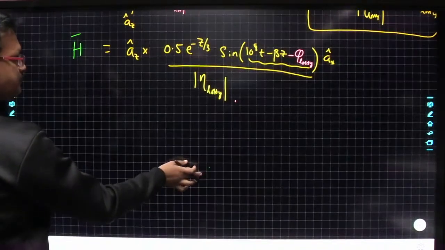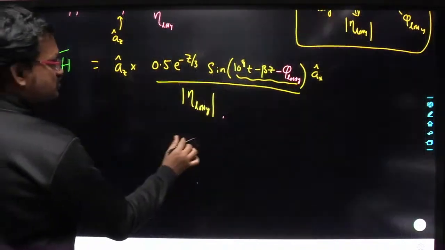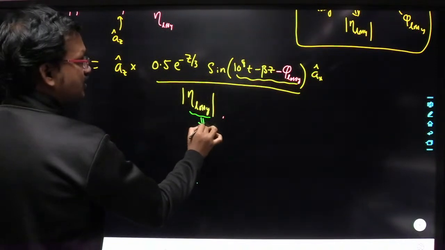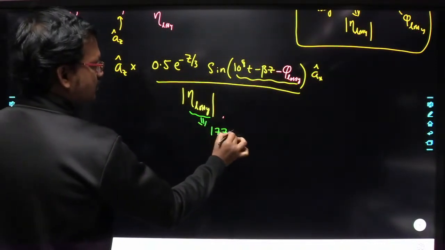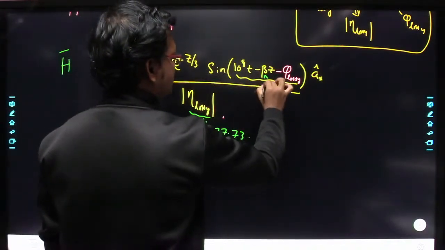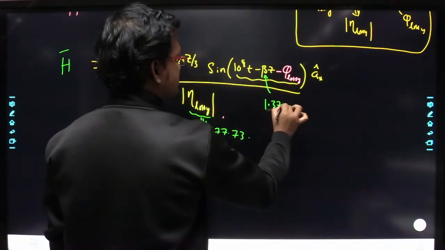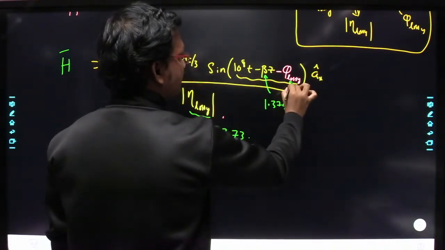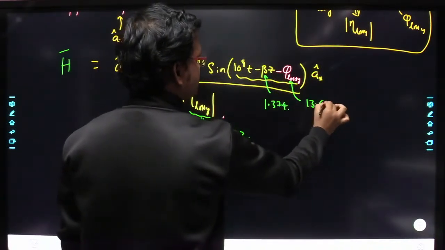Now substitute these values here. Eta lossy is 177.73, beta value is 1.374, and phi lossy is 13.62 degrees.